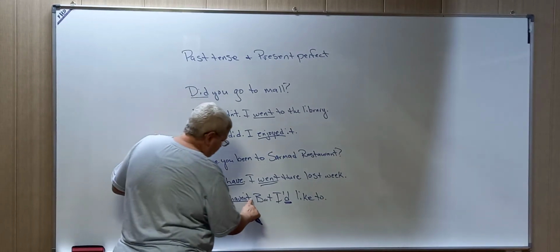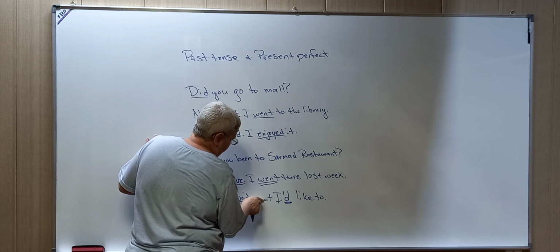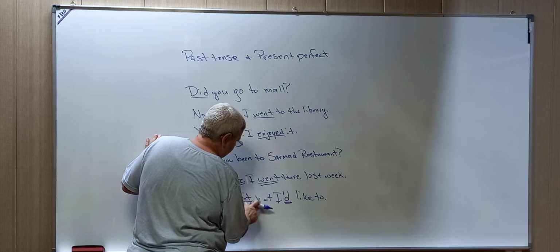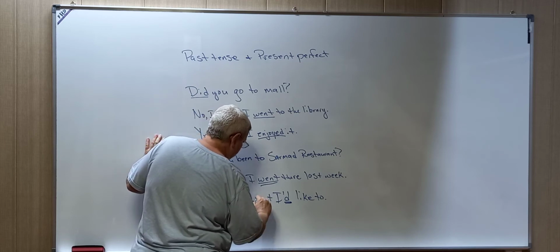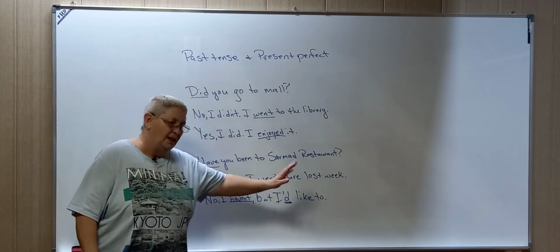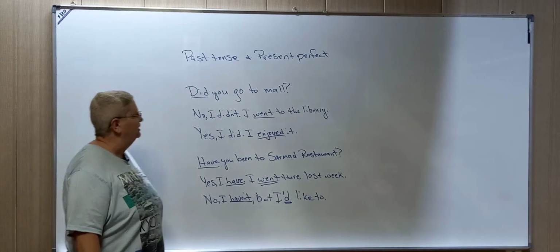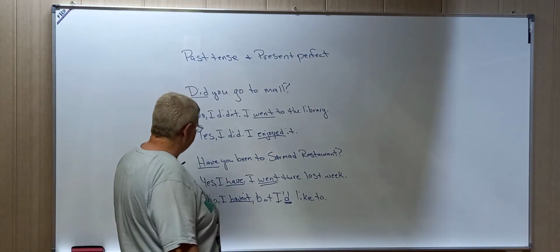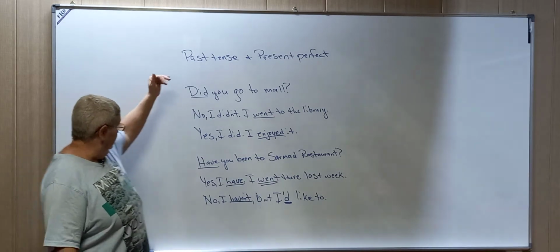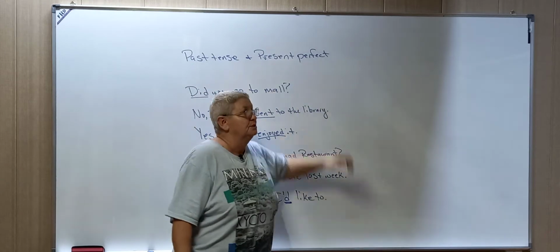You could also make it one complete sentence: no, I haven't, but I'd like to. The same way. Okay? So that's the basic way of telling the difference, or when to use it, past tense or the present perfect.